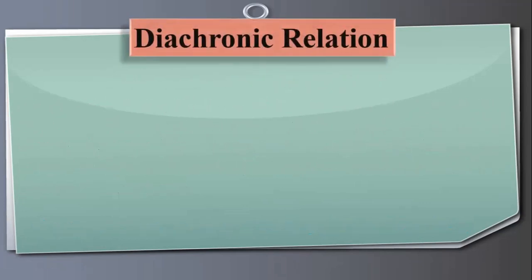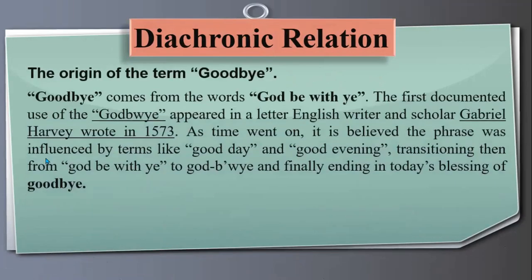Again, for diachronic relation, here are some examples. First, the origin of the term goodbye. It is very interesting to learn how this word came into being. Goodbye comes from the words God be with ye.